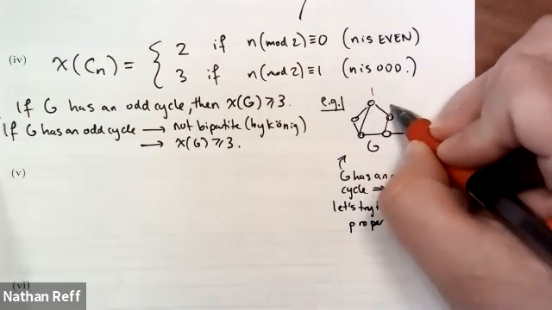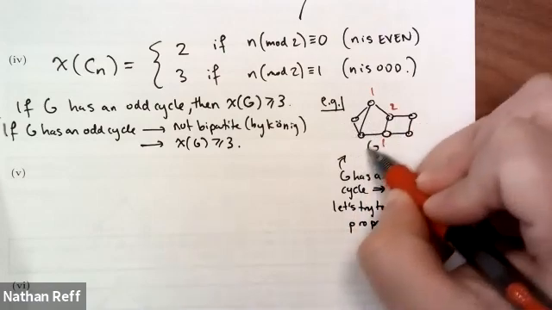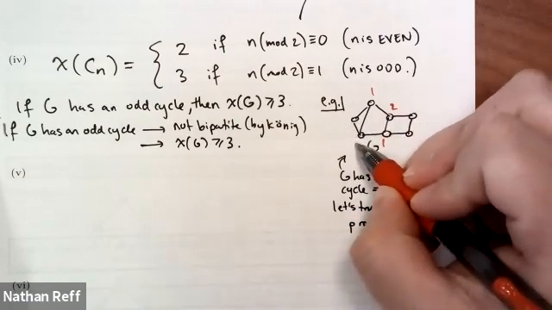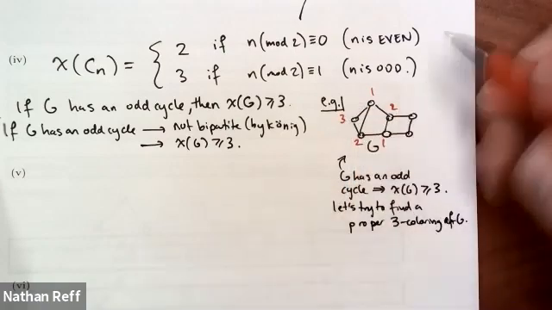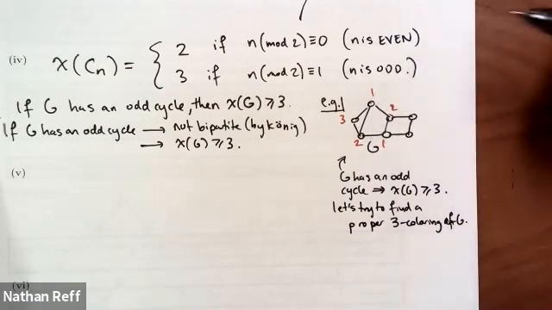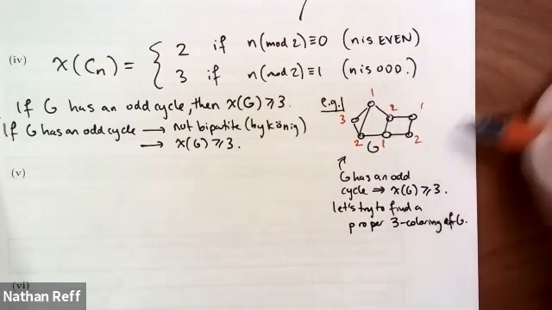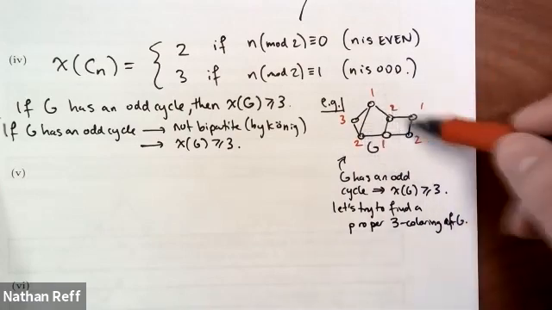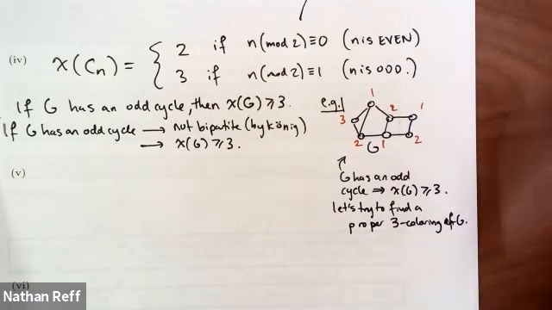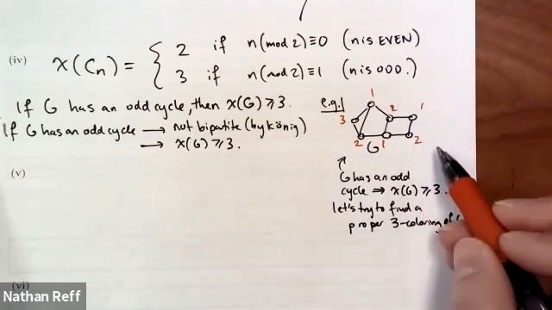So 1, 2, 1, 2, and now 3, right? I need a 3 here. And then going back over here, can I do 1 and 2 here? Is this proper? Everything that is adjacent is different colors. Good.